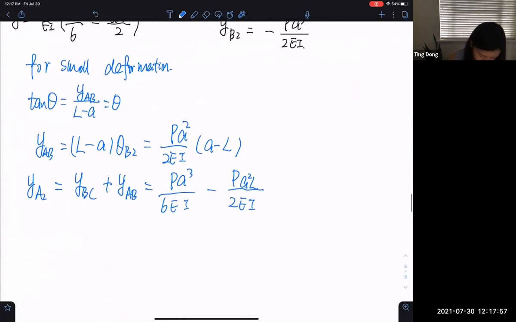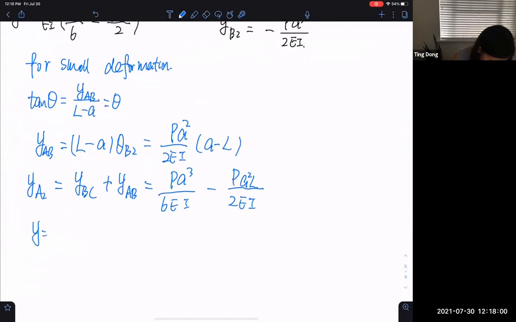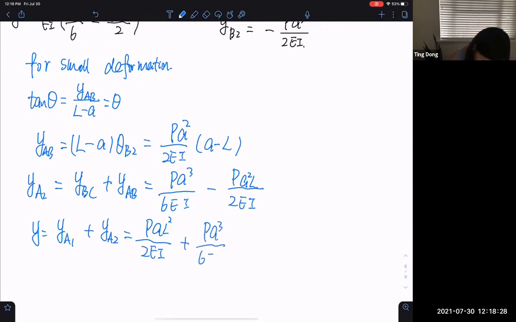So the total deflection is the y deflection from the first loading condition at point A plus the deflection from the second loading condition at point A. So it's equal to PAL squared over 2EI plus PA cubed over 6EI, PA squared over 2EI.